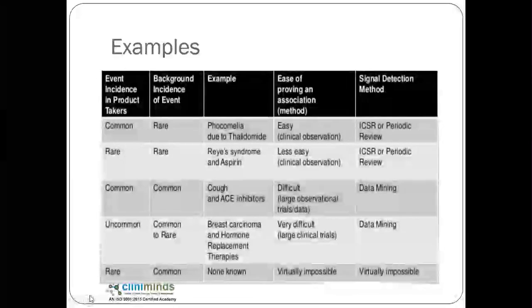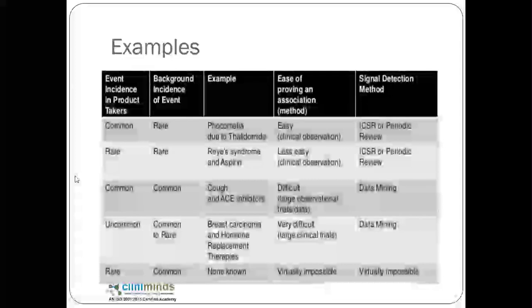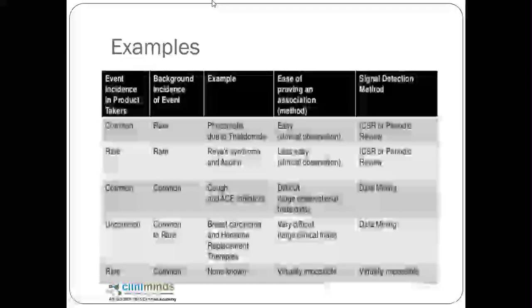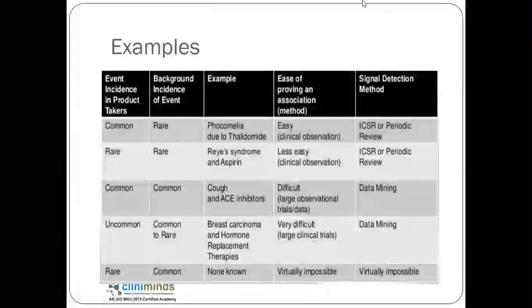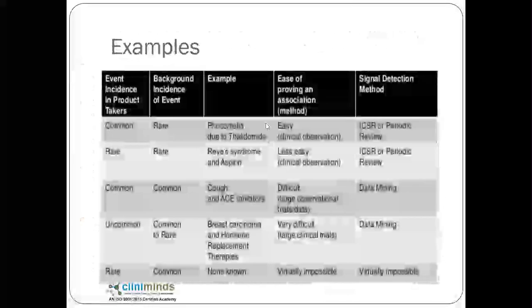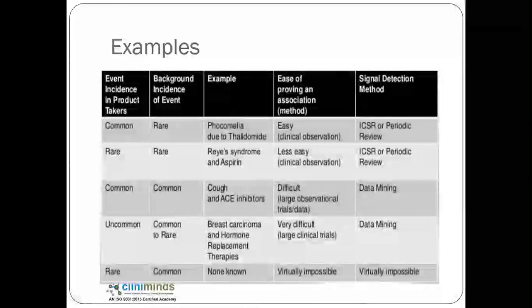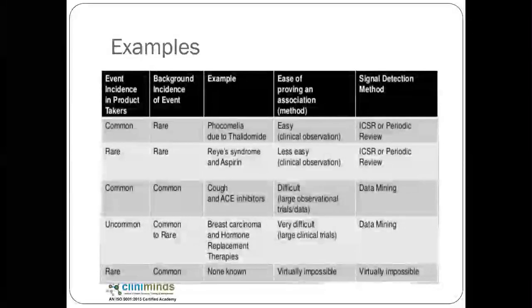This table is just for your reference of what we discussed till now, like when we were talking about the SDR. Suppose the event incidence in the patients who are taking the product is common, and the background incidence we know is rare, for example phocomelia due to thalidomide. Then proving an association becomes very easy, because all you have to do is go back to the ICSR review, and that can be compared and seen.